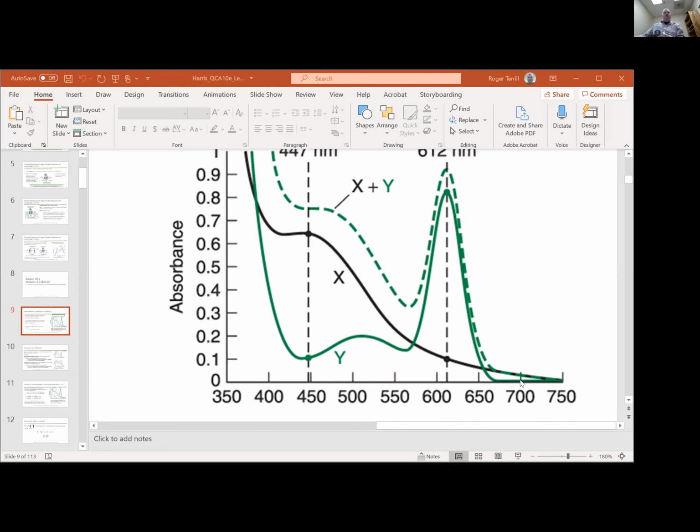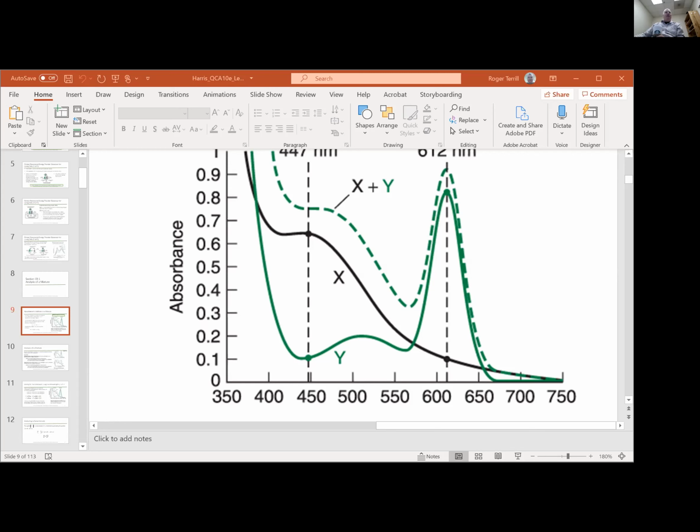Therefore, any absorption you see in the mixture is going to be due to X. Therefore, if the absorption of X and the absorption of the mixture are the same, then the concentration of X in the standard and the concentration of X in the mixture must be the, finish my sentence. Last word.